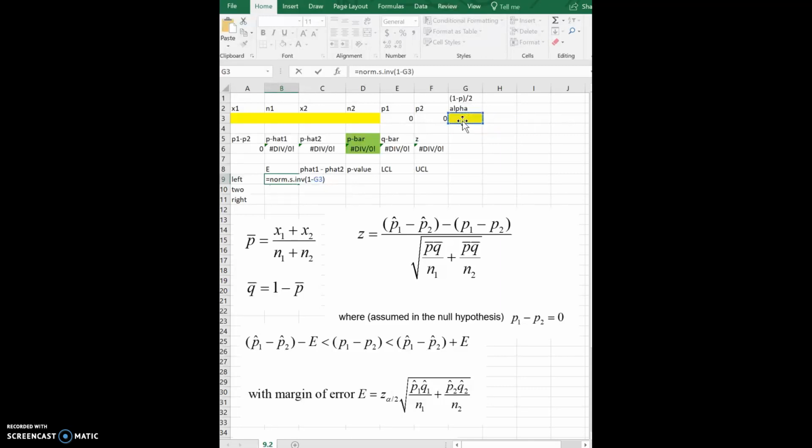Alright, and then the next part is going to be times the square root, just like our formula says. And then we're going to do a lot of parentheses again.